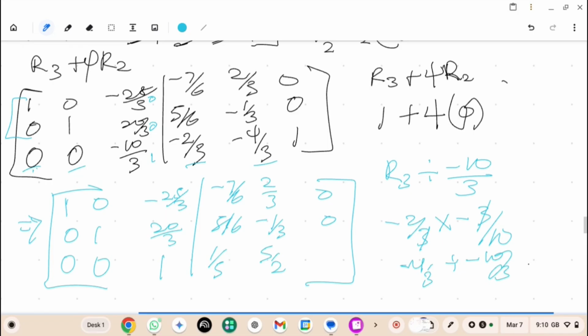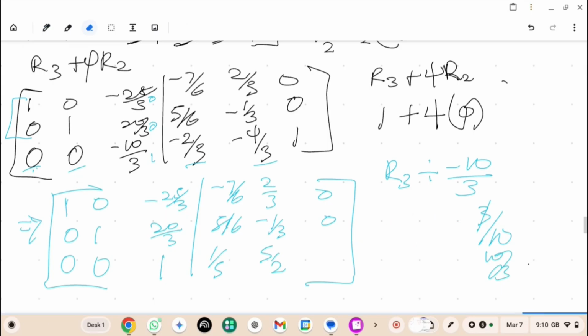We work on the last one, which is 1. Let me print this one. So you have 1 for root 3 divided by minus 10 on 3.